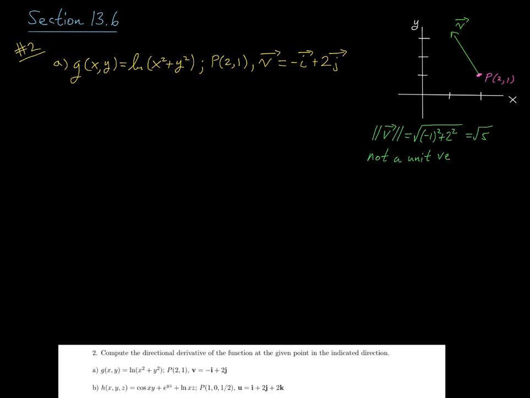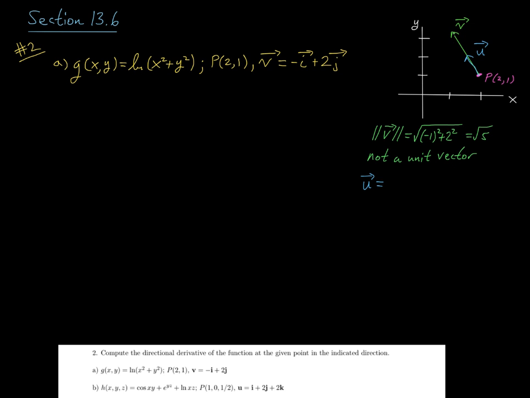So then what do we do? Well, we can simply consider the unit vector that points in the same direction as v, and I'll call that vector u. So what is u equal to? Well, u is just going to be a scaled version of v because they have the same direction.